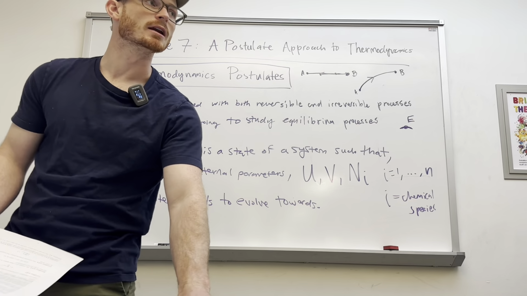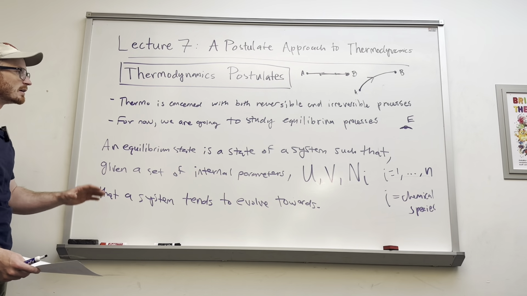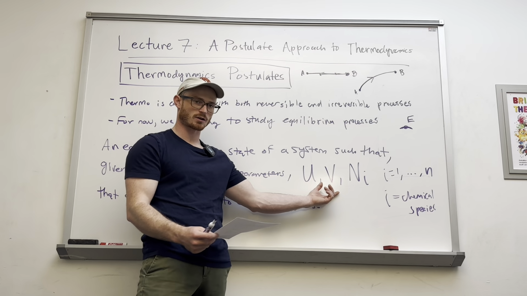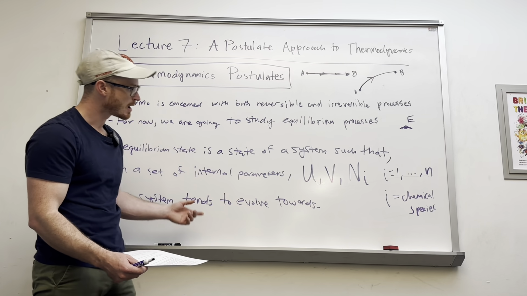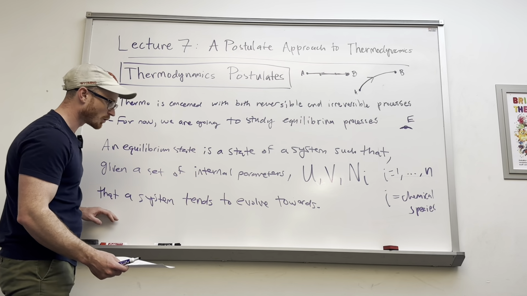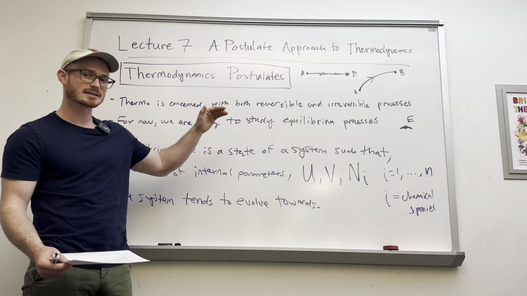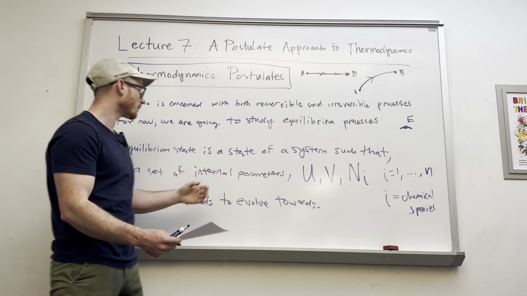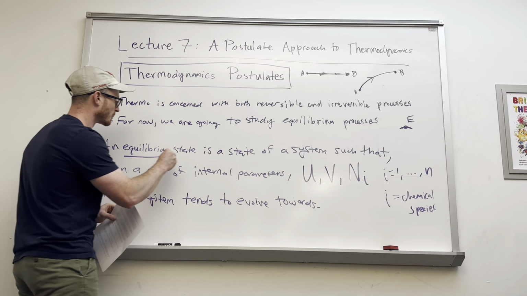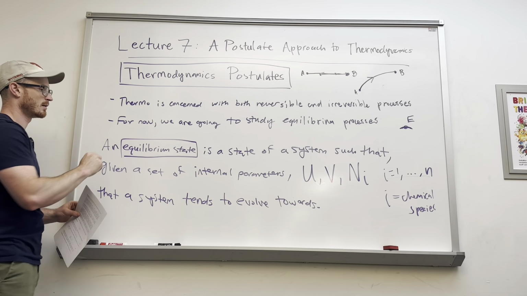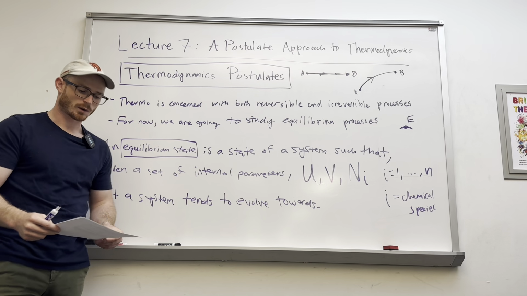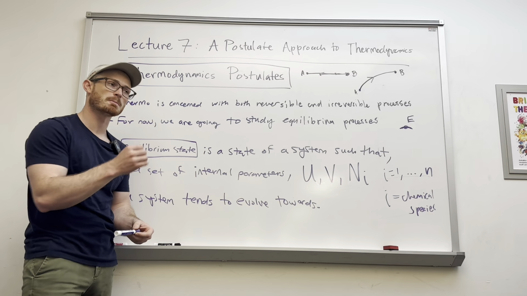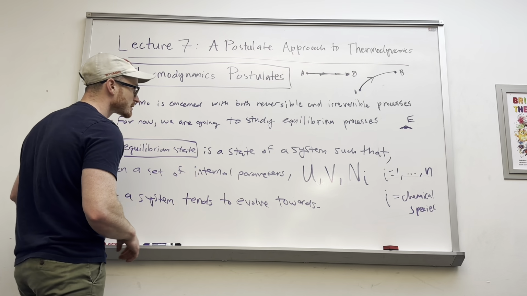So what does that mean? It means that if, given enough time, you put a bunch of particles in a box with specific internal energy, volume, and number of particles, then the system is going to evolve towards a state, and it's going to stay in that state, and we're going to define that as the equilibrium state. So our definition for an equilibrium state is going to lead us to our first postulate of thermodynamics.